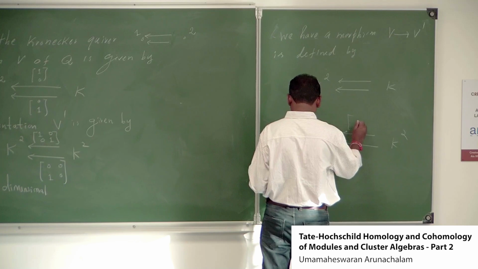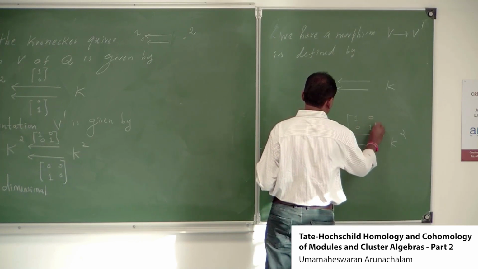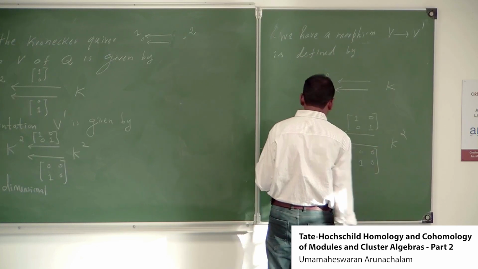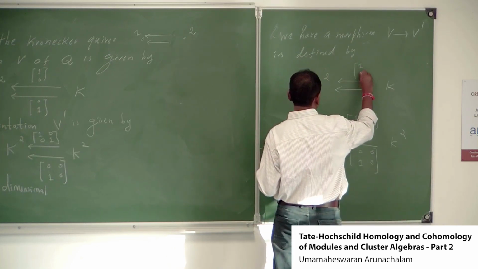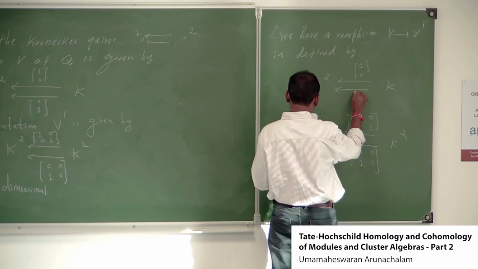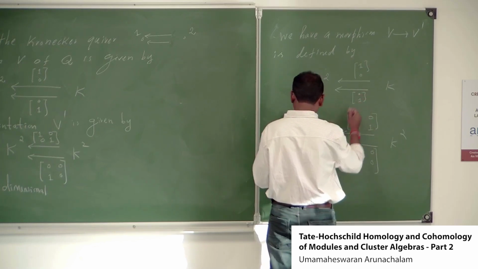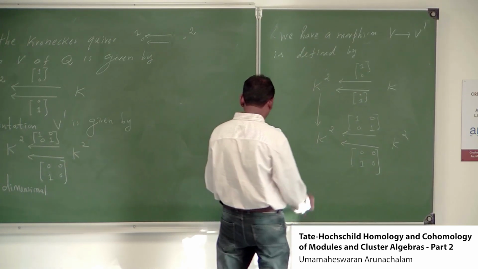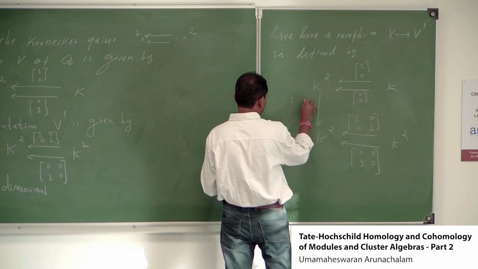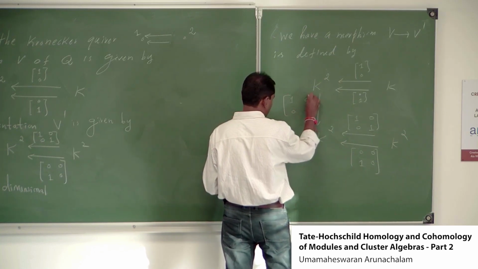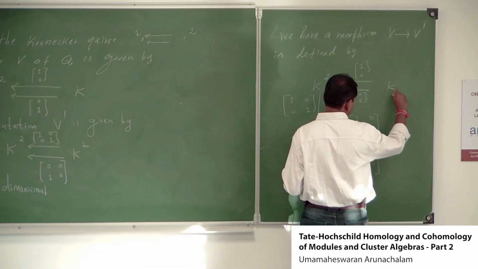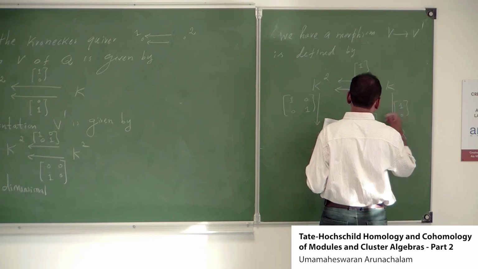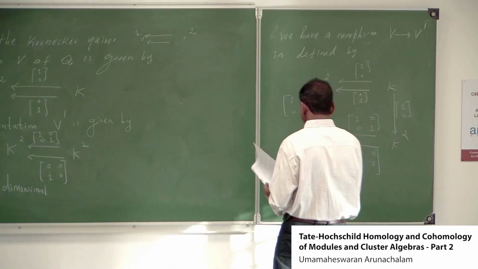This map's matrix is 1 0 0 1. This one's matrix is 0 0 1 0. So this one is 1 0, here it is 0 1. So now we have to make the map from k square to k square, again 1 0 0 1 here. So from this map k to k square, here 1 0.